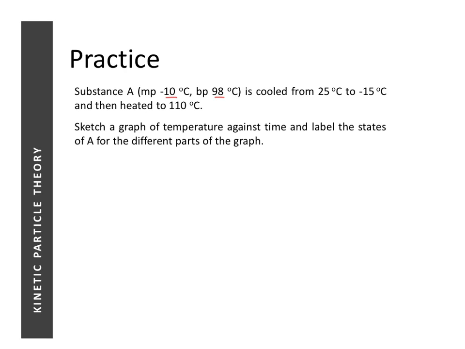We are supposed to sketch how the temperature changes with time, and to identify for each section what state substance A is found in. For such a question, it may seem easy, but students are very prone to making mistakes as well.